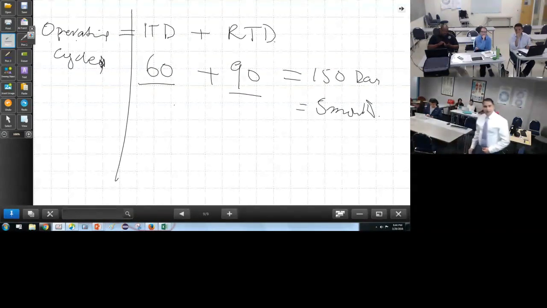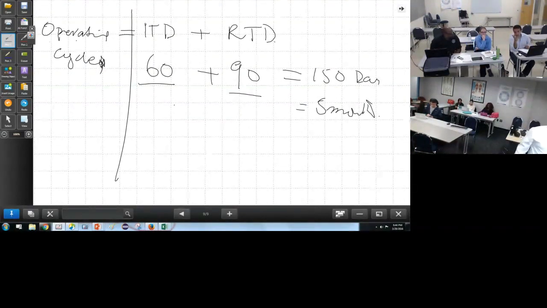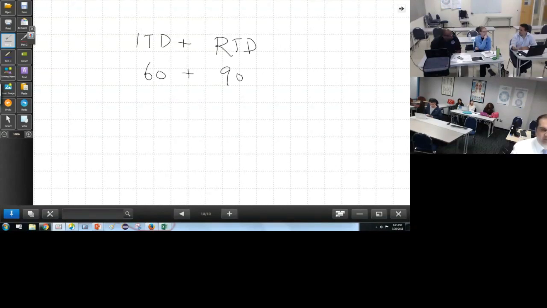Now, imagine another scenario that your suppliers are now selling you on credit. Okay? So, we have the inventory turnover in days plus the receivables turnover in days. This was 60 in our example, plus that was 90 in our example. Now, we have a payable turnover in days as well.